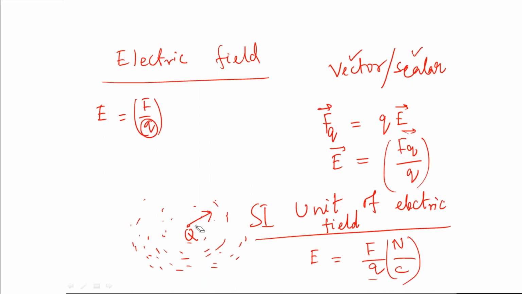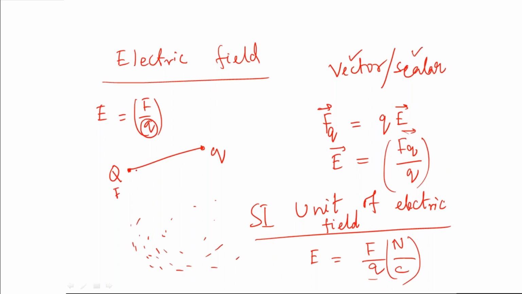And a few more points we will be seeing. I had defined this electric field as the force experienced by unit test charge, that is F by Q. But look here, the capital Q also will be experiencing the same force, right?